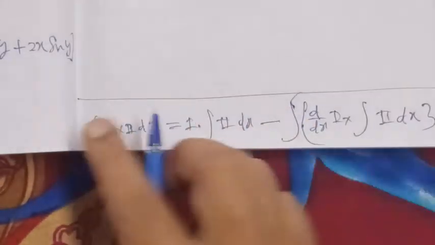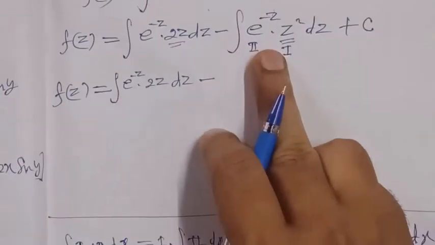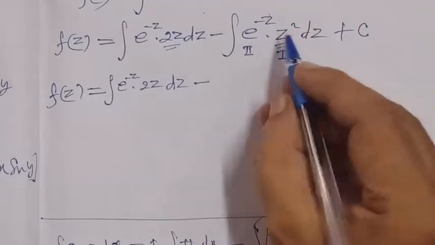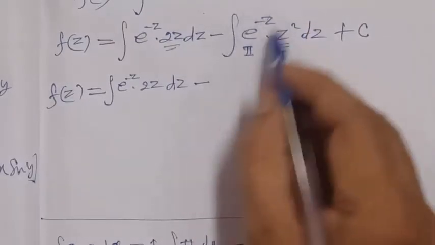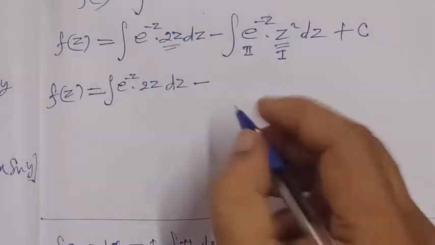So we apply this formula here after considering z square as the first function and e to the power minus z as the second function.